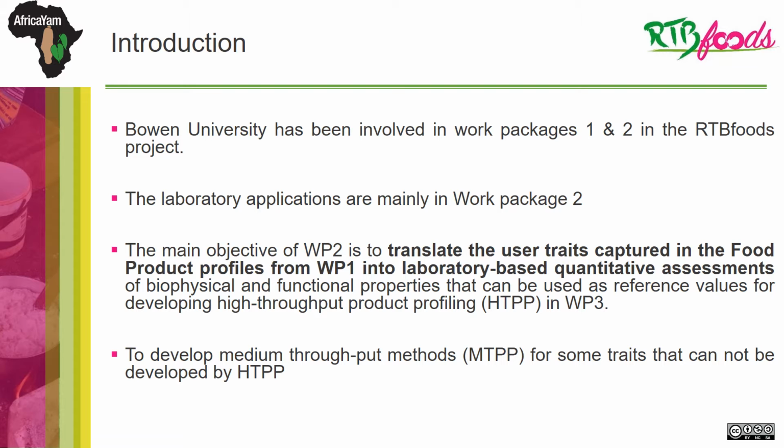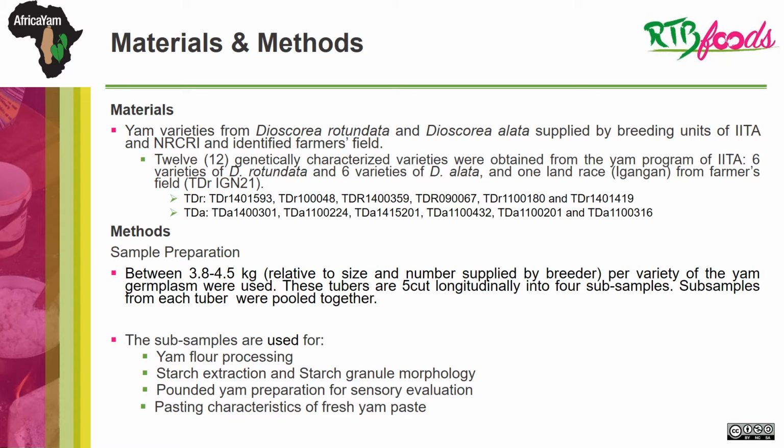As we all know, the main objective of work package 2 is to translate the user traits captured in the food product profiles from WP1 into laboratory-based quantitative assessments of biophysical and functional properties that can be used as reference values for developing high throughput product profiling in WP3, and also to develop medium throughput methods for some traits that cannot be developed by the HTTP.